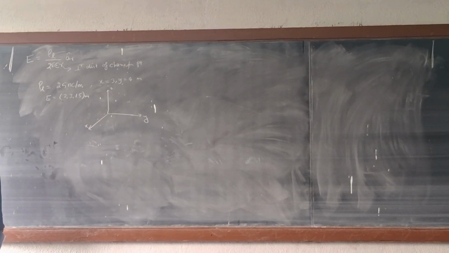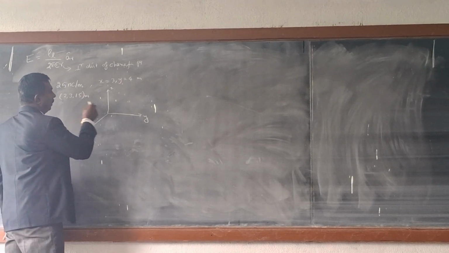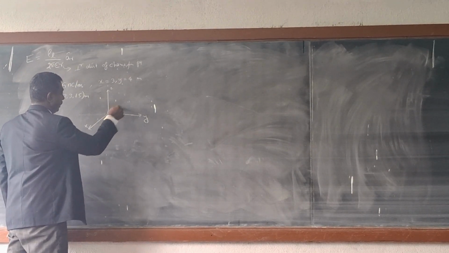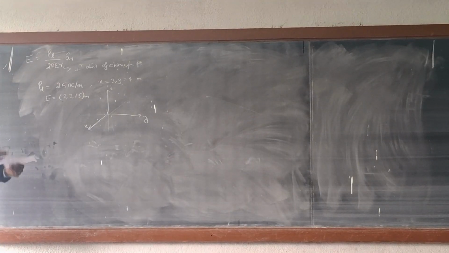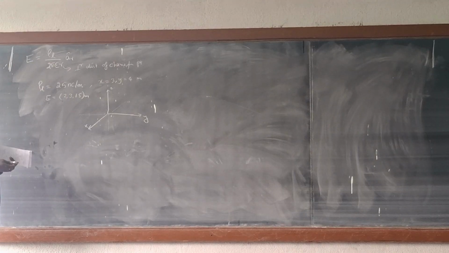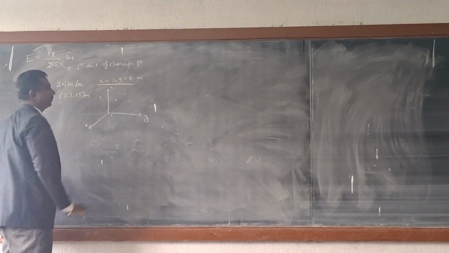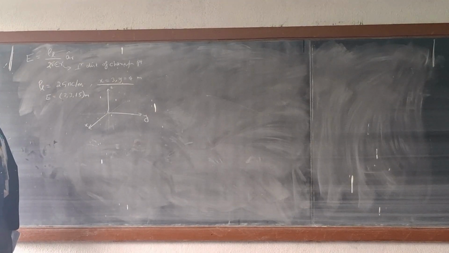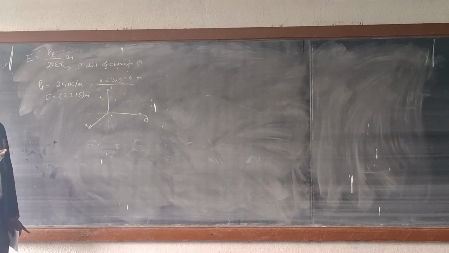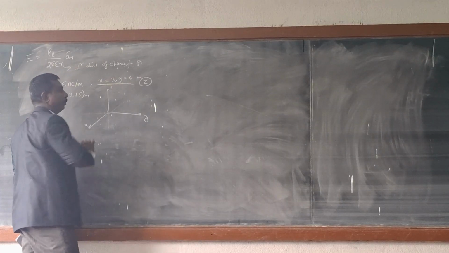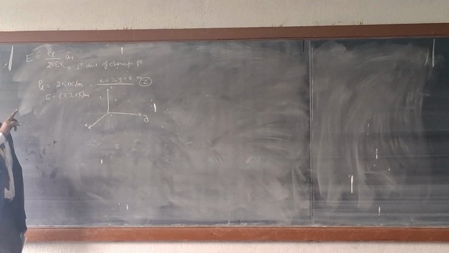First thing is we want to find the direction of the line charge. It may be parallel to x-axis, or parallel to y-axis, or parallel to z-axis. How we have to find is, if x and y are given, x is constant, x equal to 3, y is also another constant equal to 4, means the only variable is z. So we come to a conclusion that the line is along z direction.